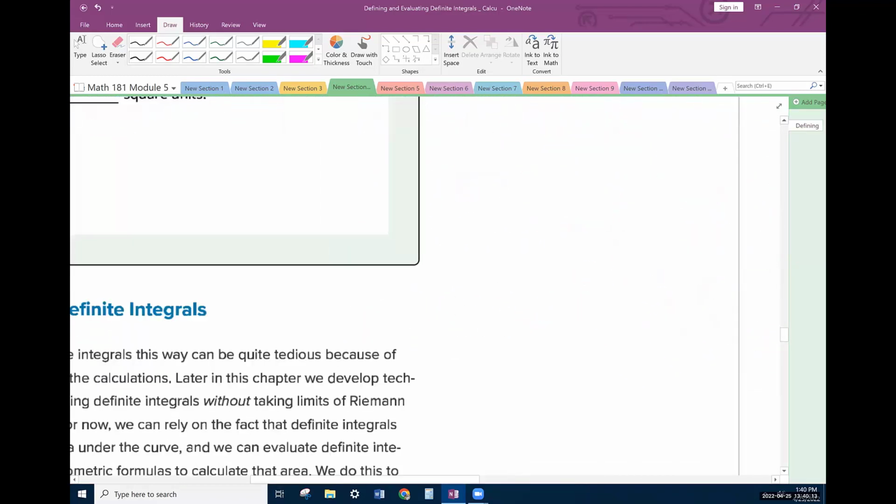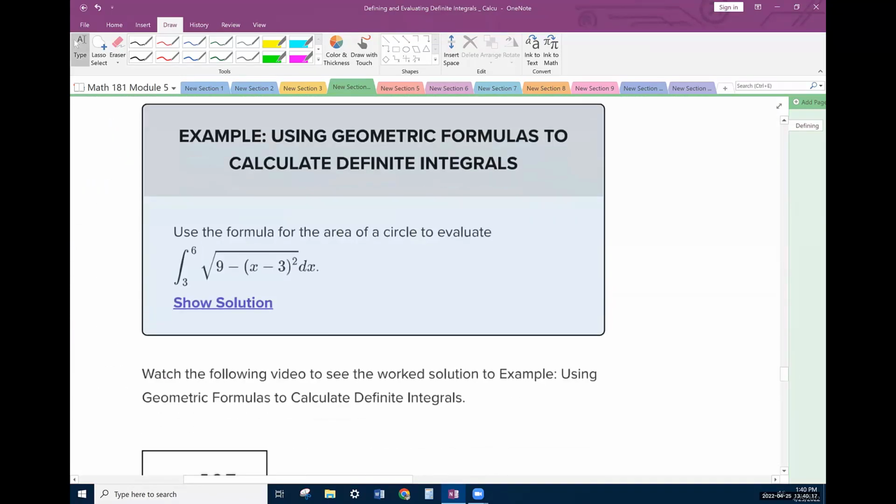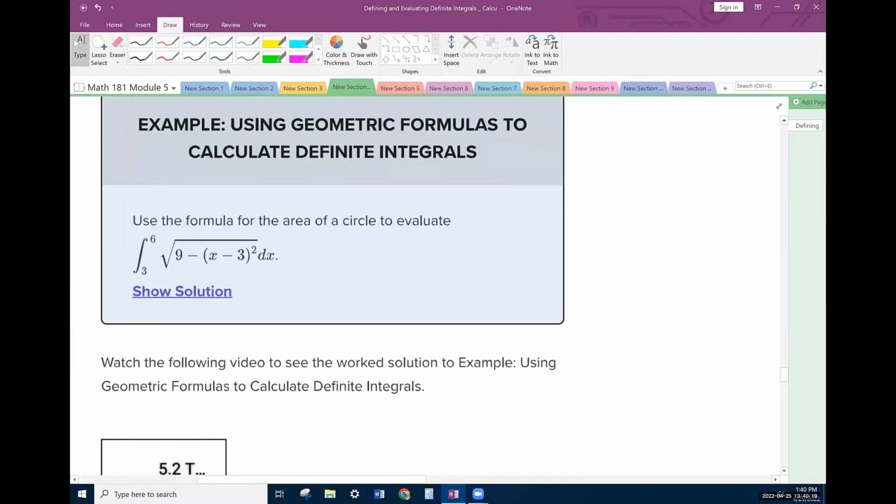So, here we go. Use the formula of the area of the circle to evaluate the integral from 3 to 6 of the square root of 9 minus the quantity x minus 3 squared dx. When you see something like that, set it equal to y, because f of x is y.